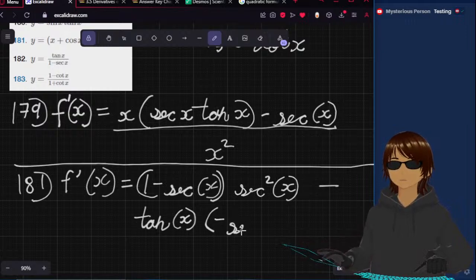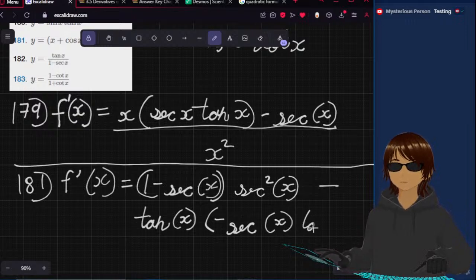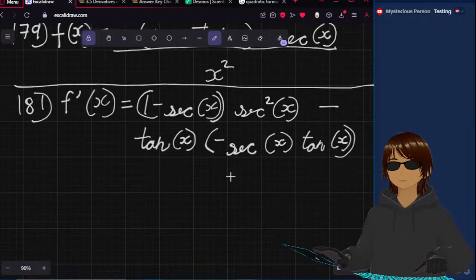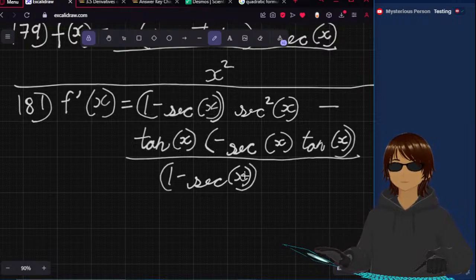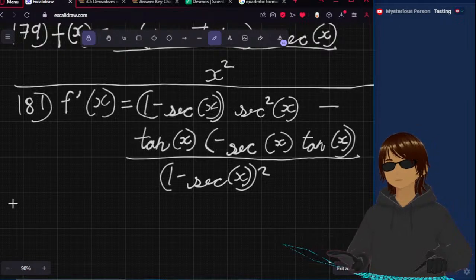Minus sec tan. 1 bottom squared. I think there is a way to simplify this, but I don't want to do it. Next one.